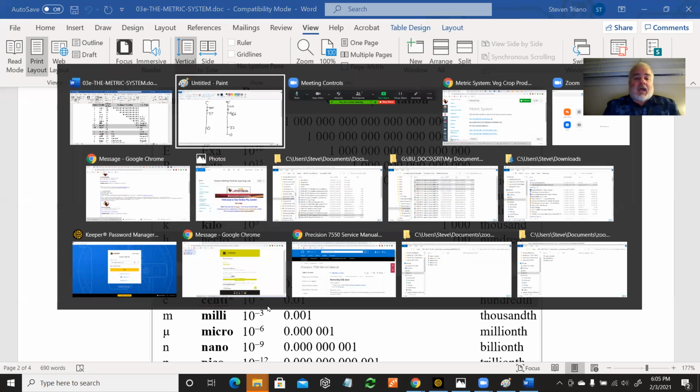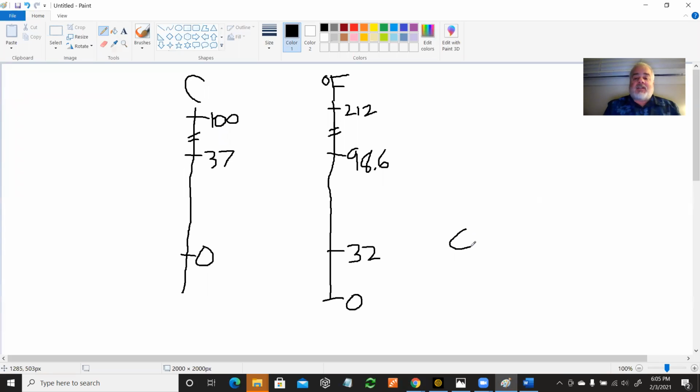So I get something like centimeter, 1/100th of a meter, or millimeter, 1/1000th of a meter, or megameter, capital M. Again, very important.